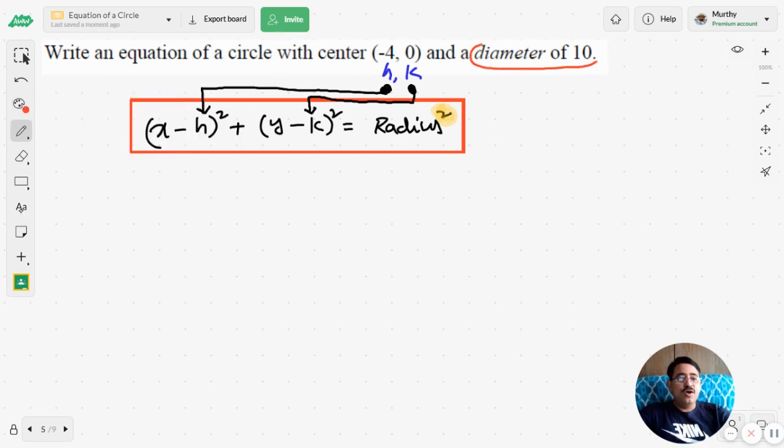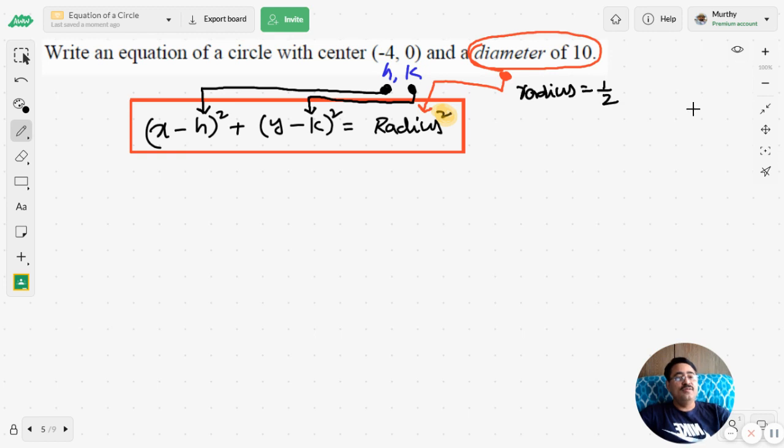The diameter is 10. Look at this one. Diameter is given, but we have to write the value of the radius, not the diameter. You know how to compute the radius. Radius equals half of the diameter.